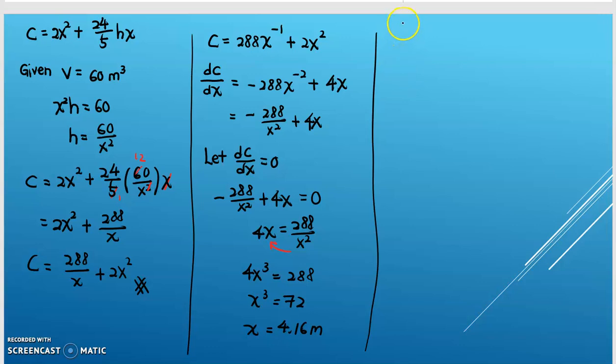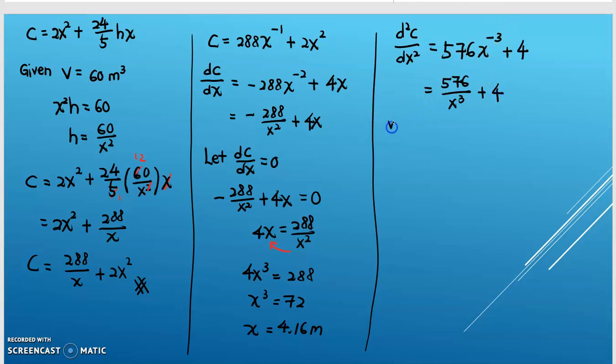Next, we continue with the second derivative test. The second derivative of C with respect to x: from the first derivative, I perform the second derivative. Multiplying negative 2 to the front, I should have 576 x to the power of negative 3 plus 4, or 576 over x cubed plus 4.